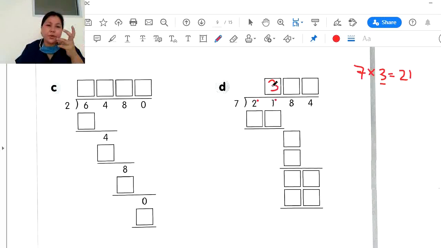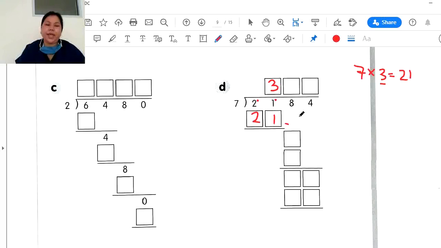Then, after we divide, we multiply the quotient by the divisor. 3 times 7, here, 21. Then we subtract. Since 21 minus 21 equals 0, then we put nothing here.